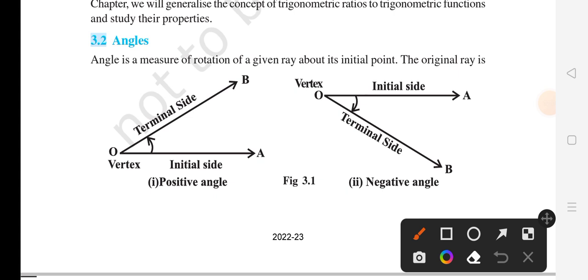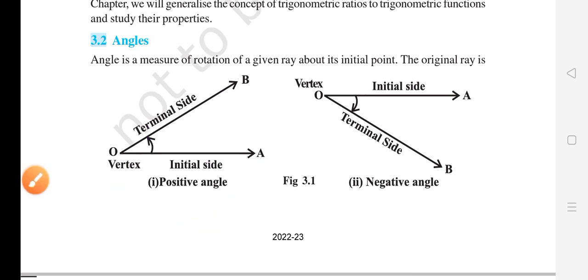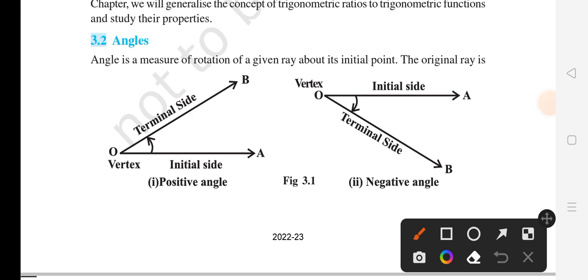If the rotation is anti-clockwise, the angle is said to be a positive angle. Let me repeat. If the ray is rotated anti-clockwise, the angle formed is a positive angle. This common point is called the vertex.